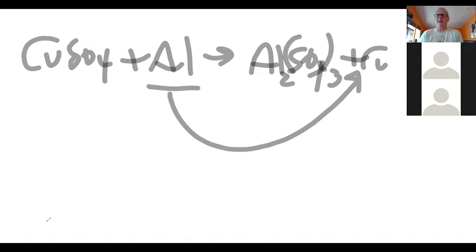I want to make sure that every single atom of aluminum gets converted to copper. What do I need to do with the copper sulfate to ensure that that happens? Can I just throw any amount of copper sulfate in there and it will automatically convert everything to copper? What do I need to ensure?